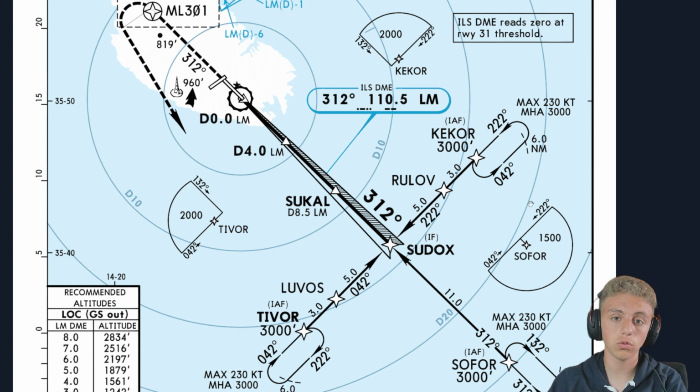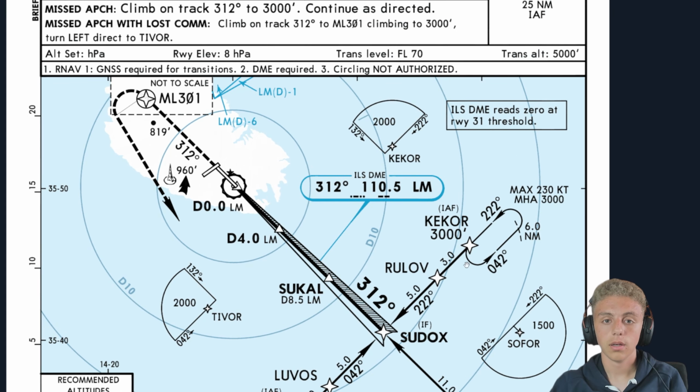So you may descend to this minimum altitude of 1,500 feet whenever you want, without ATC clearance. But in this case, you wouldn't, because you need to be at Sofor at 3,000 feet, and Tivor at 3,000 feet. Now, these stretch out for 25 nautical miles, and they cover only a sector. They don't cover 25 nautical miles around Kekor. They cover this sort of sector around Kekor, as is shown over here.